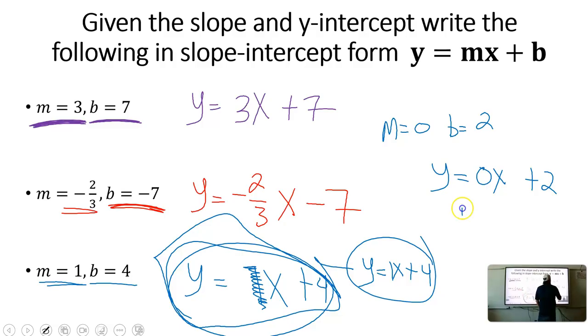So actually, this line would just be written as y equals 2. And y equals 2 is just a horizontal line that's laying down and doesn't have a slope. So if you ever have a slope of 0, it's 0x plus 2. However, we don't write the 0x because 0 times x is nothing. So we just have y equals 2.